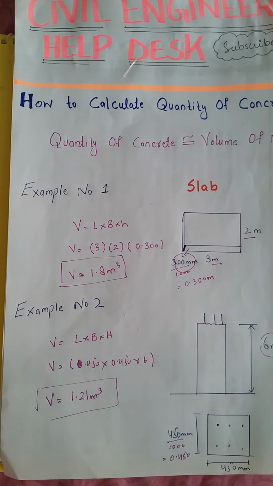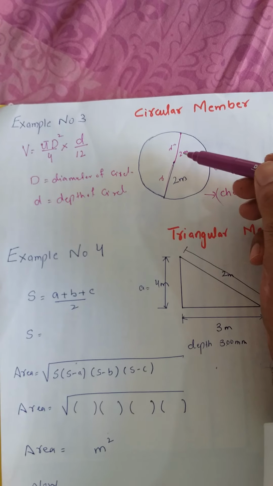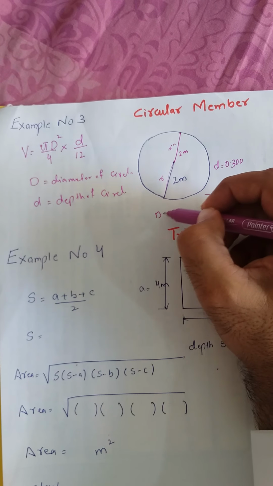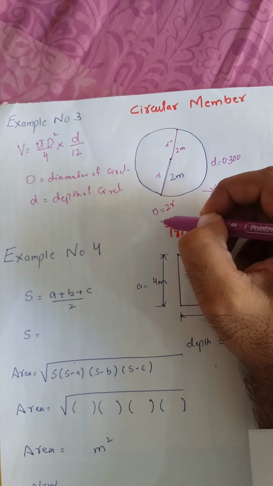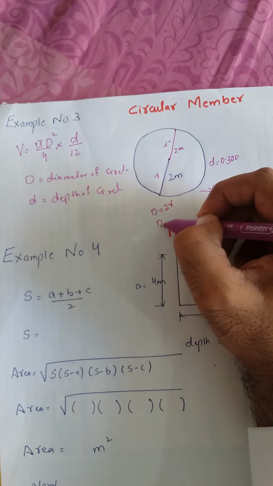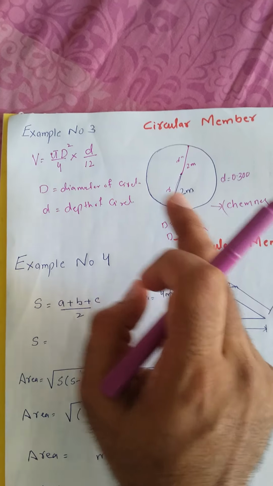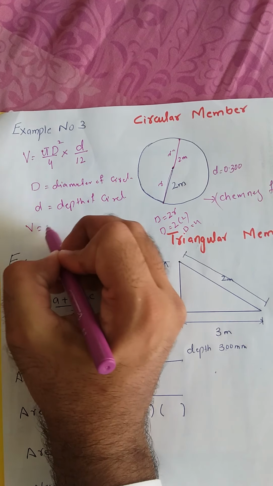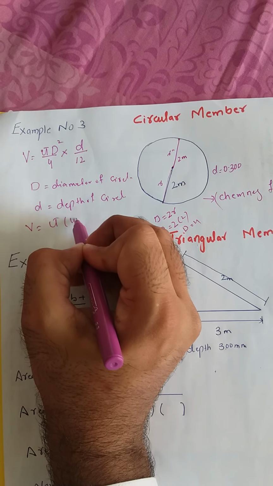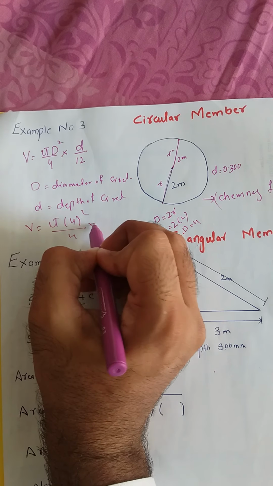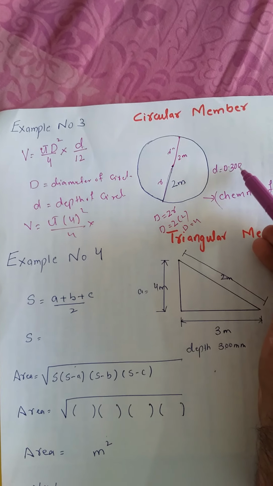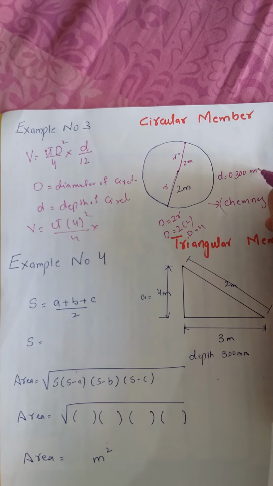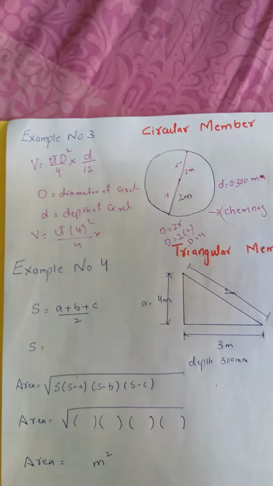In this example we have diameter 4, because here this is radius 2 and here this is radius 2, so diameter is equal to 2 times r, and we have radius 2, so diameter is equal to 4. We put the values in this formula, and the depth we have is given as 0.300. It is in meter, not in millimeter.